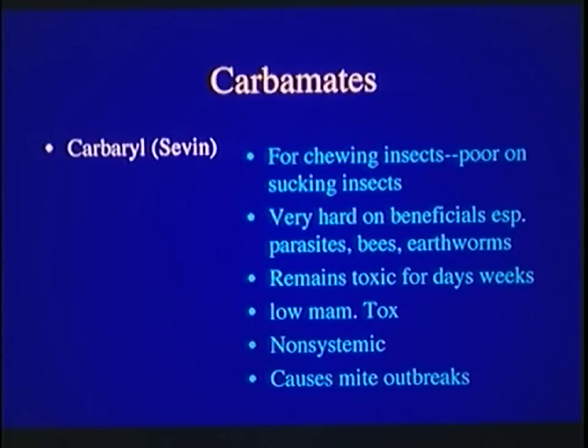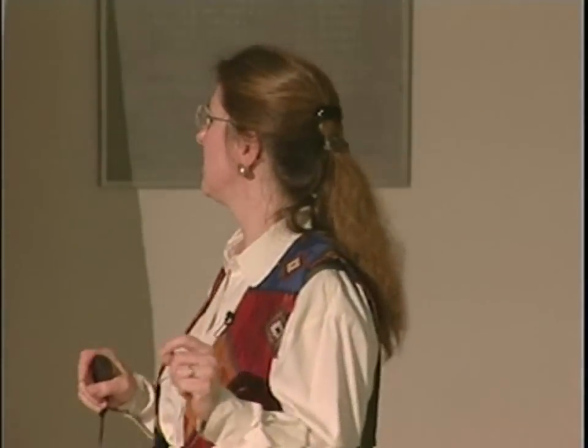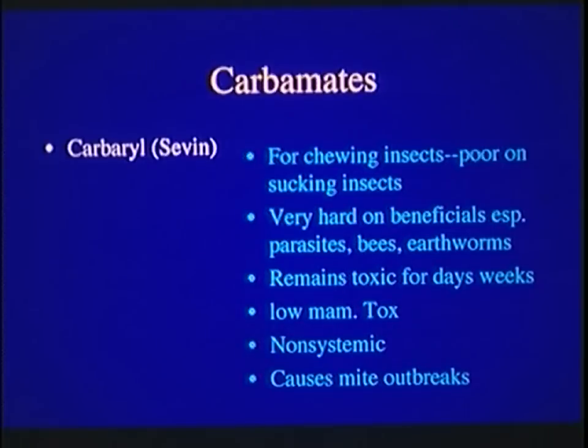But it is extremely hard on honeybees, parasitic wasps, beneficials, earthworms. I mean, it's devastating to that invertebrate ecosystem that you're trying to maintain in your garden, and I really recommend that you avoid it for pretty much everything except maybe codling moth, if you insist on treating codling moth. But it does remain toxic for a really long time. That's why it's good for codling moth.